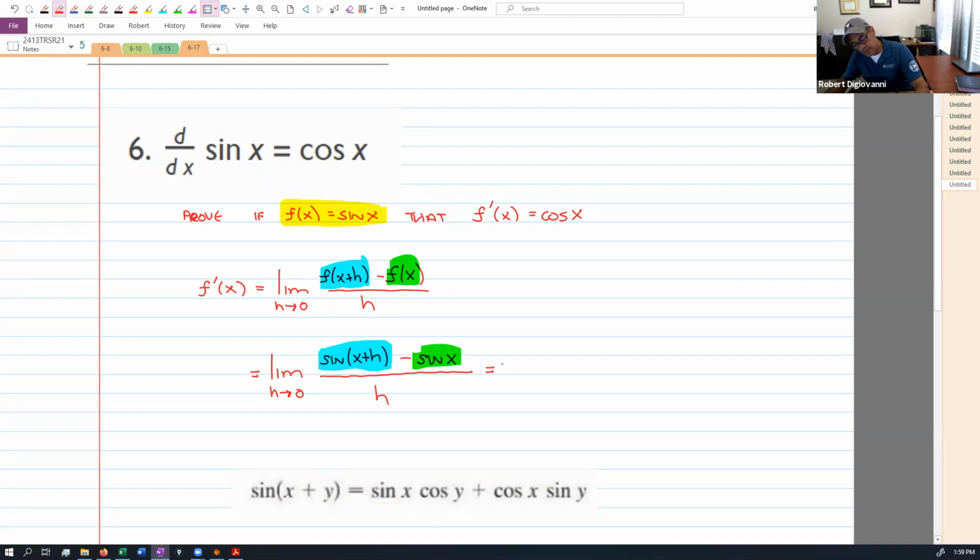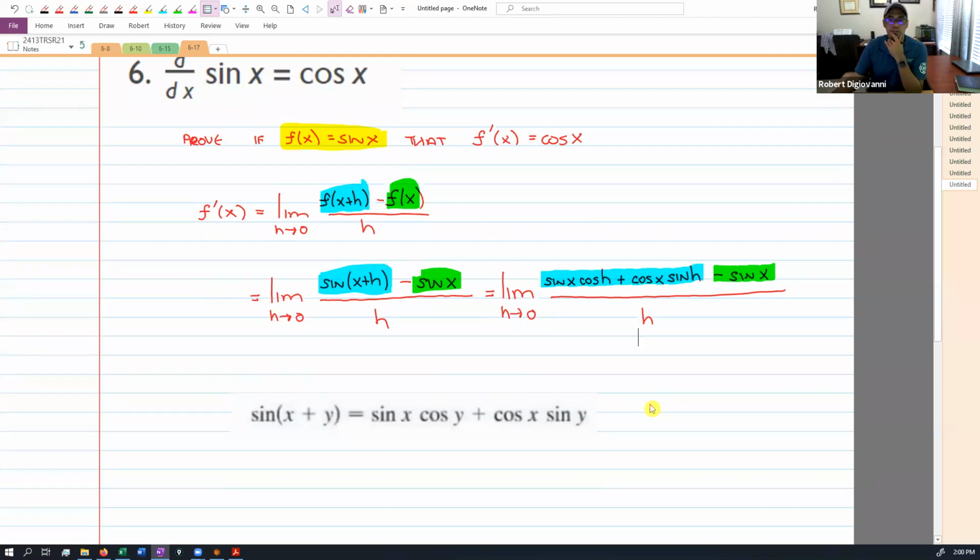So this becomes limit h goes to 0 of sine of x cosine of y, but for us y is h, plus cosine of x sine of h. And that's the blue part. And then minus the sine of x that was there in green still. And then all of this is over h. Any questions there?